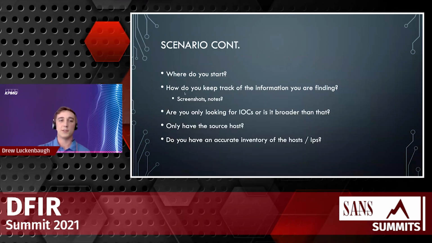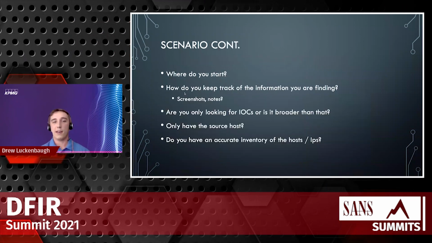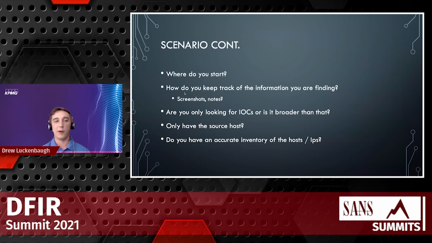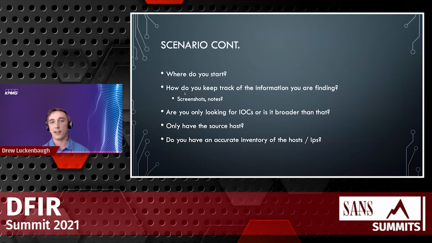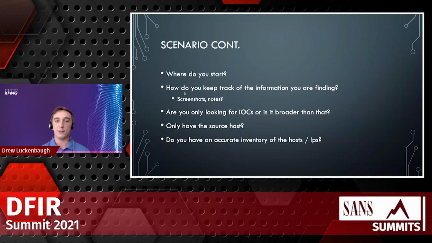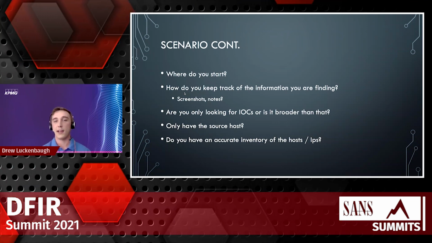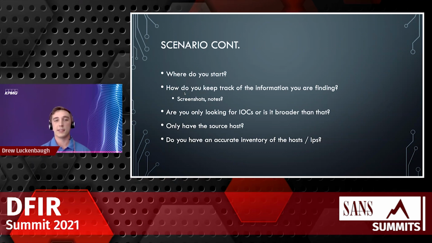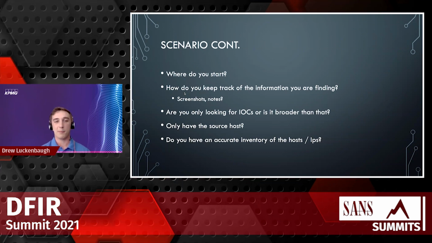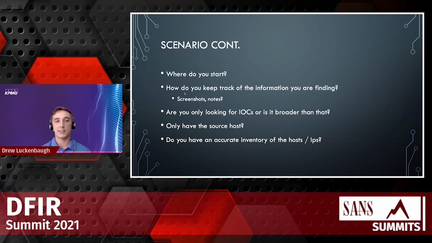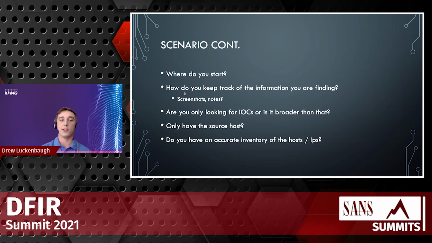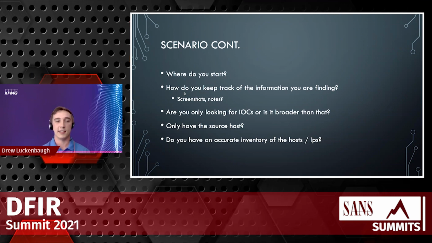So where do you start? Do you have a methodology for searching through, or are you going row by row of bitmap images looking for anything? If you do find something, how are you going to keep track of it? Are you going to take screenshots, write down notes, try and highlight the part of the bitmap collage that contains the thousands of images? If a general approach isn't working, are you only going to look for the IOCs in the incident?